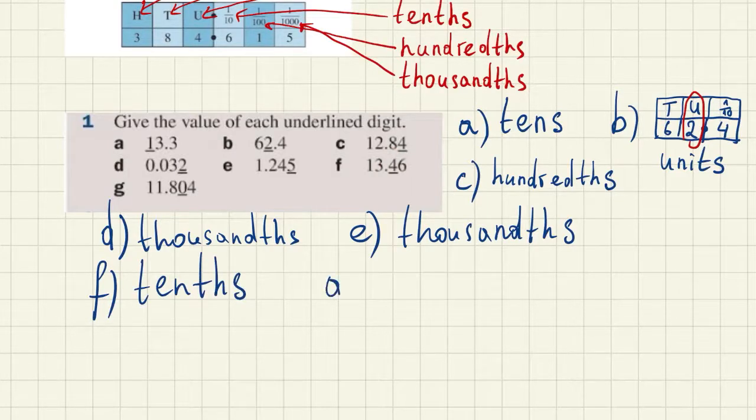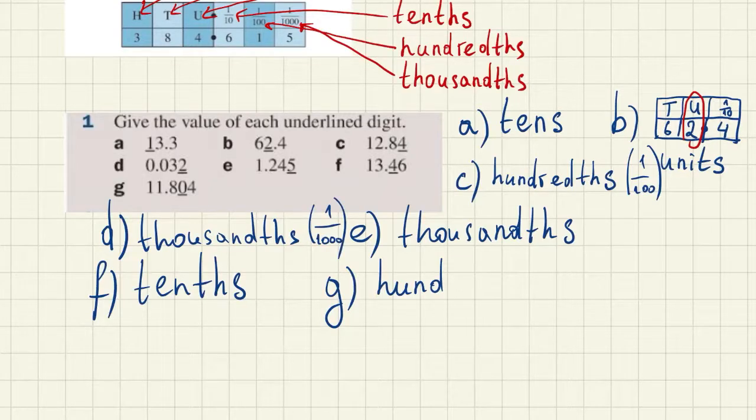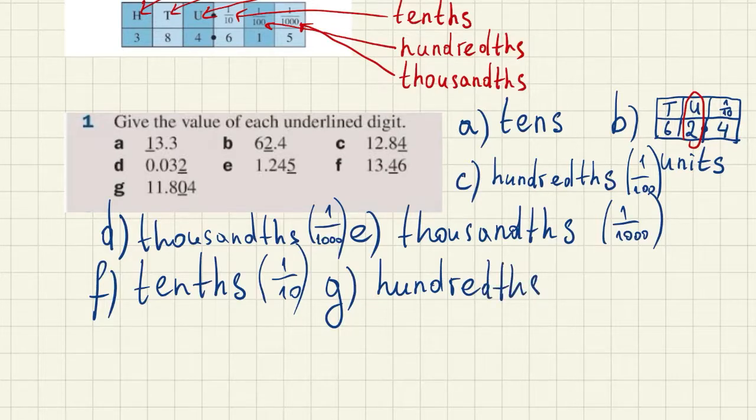And finally G, this is tenths, and this is our hundredths. Sometimes you can write it like this: 1/100 part, thousandths is 1/1000, and then tenths, it's 1/10, hundredths, it's 1/100, like this.